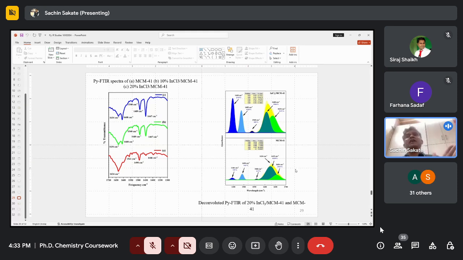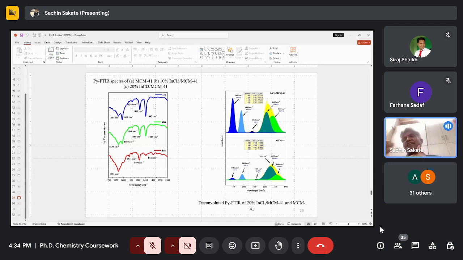Deconvolution is done for the XPS analysis of the spectra, that is X-ray photoelectron spectroscopy. But now we have used that technique for the deconvolution of IR spectra, that is pyridine IR spectra, and we have quantified the details. We have calculated the area under the peak, percentage area under the peak. Then we have calculated the total Lewis acidity in percentage, and then the total Brønsted acidity in percentage, and we have made the ratio also.